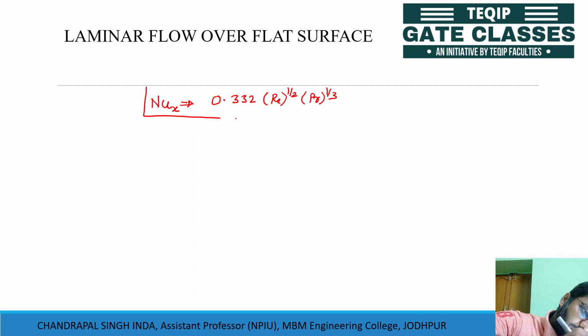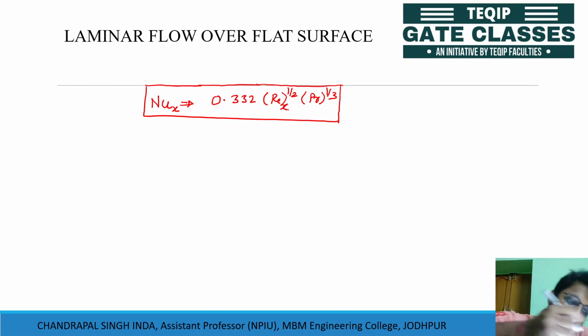This is an empirical relationship between these three dimensionless numbers for external forced convection, or flow over a flat plate. By this we can find the value of the convective heat transfer coefficient, and after that we can find the convective heat transfer.